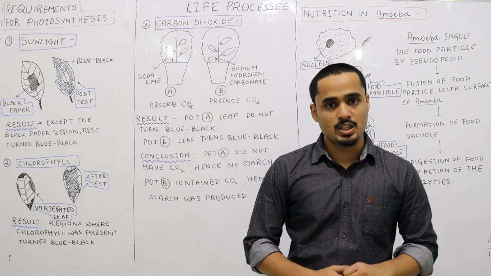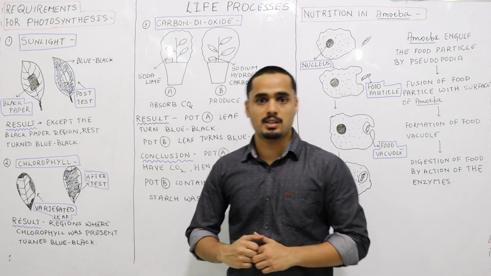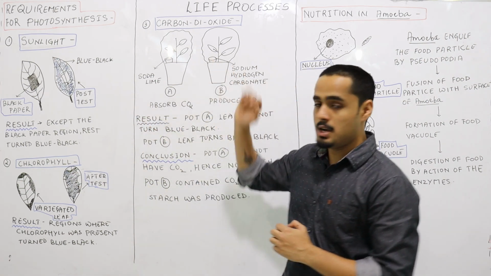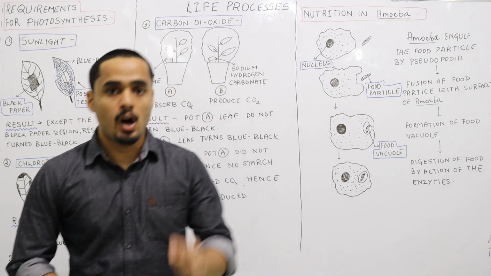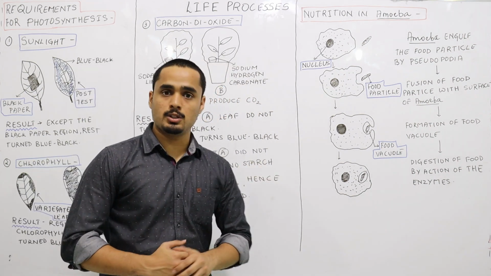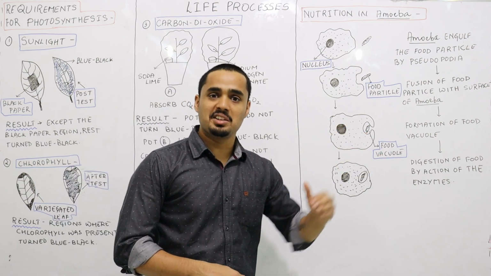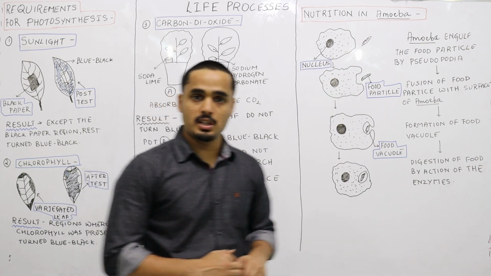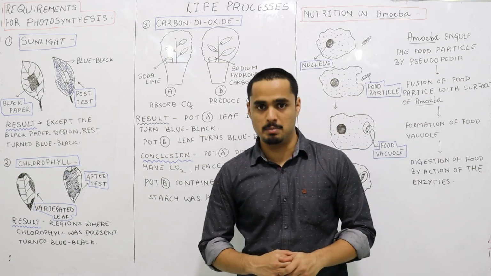In today's session we will be focusing on those activities performed by the scientists to show that sunlight, chlorophyll and carbon dioxide are requirements for photosynthesis. Also, in today's video we will focus on nutrition in amoeba, with a small introduction to nutrition in animals. In the next video we will focus on nutrition in human beings.